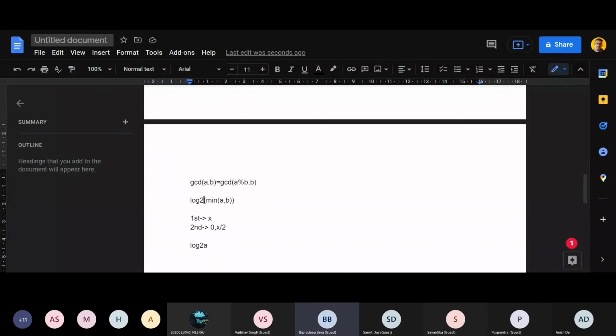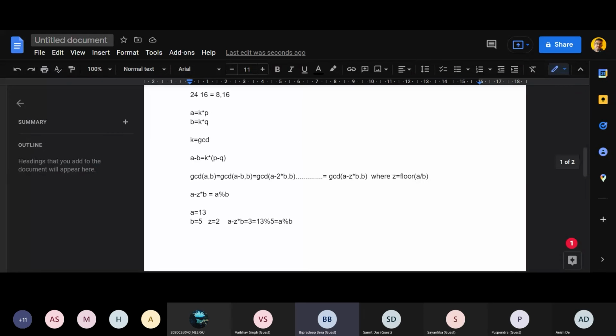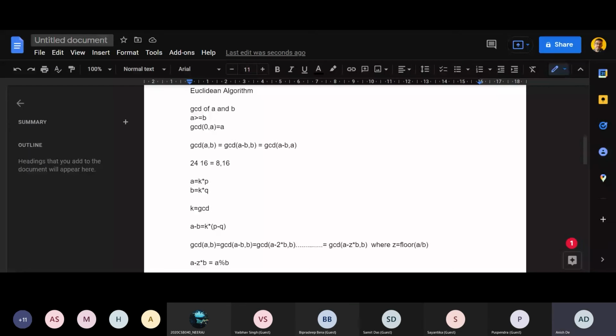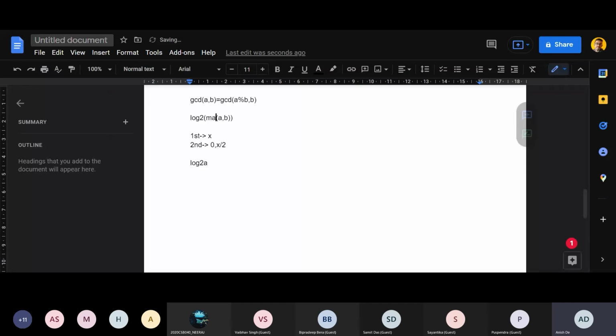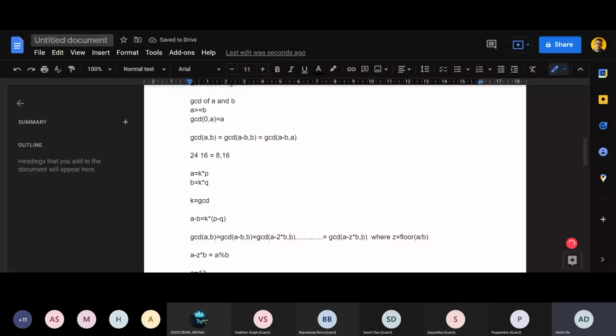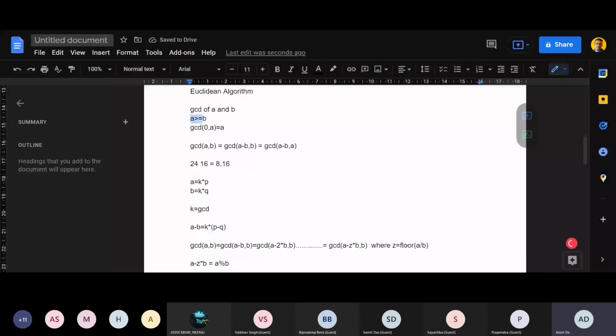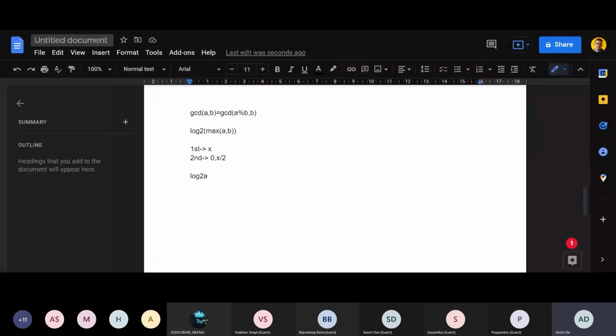Here we have taken A as the maximum one. So is it maximum of A or B? Oh, I'm very sorry, it should be maximum, not minimum. Yes, we have taken a as the maximum here. So the maximum value is getting reduced to half in every iteration.